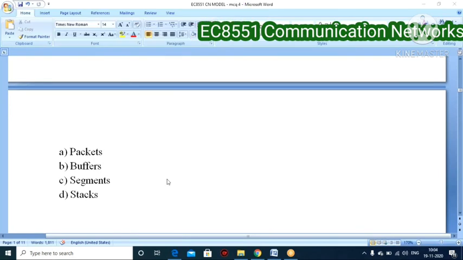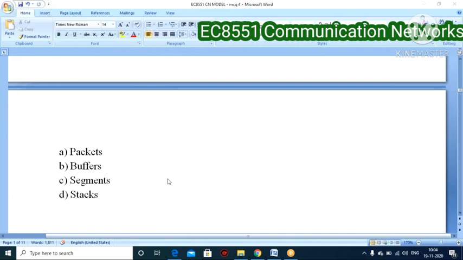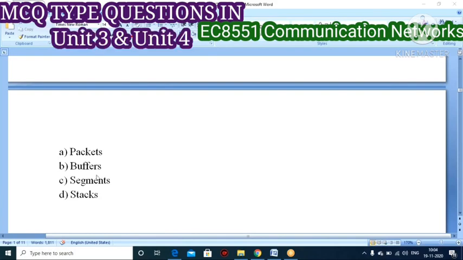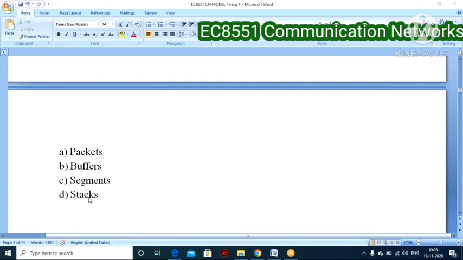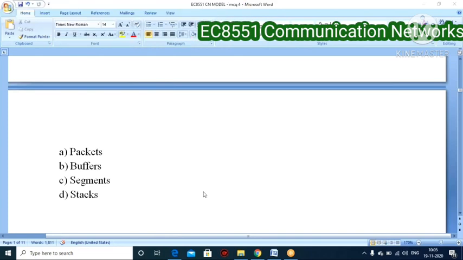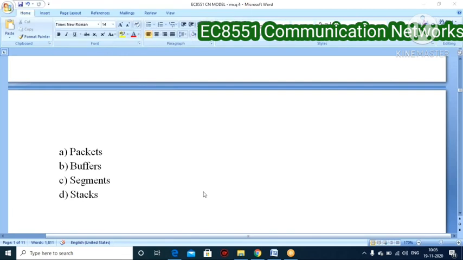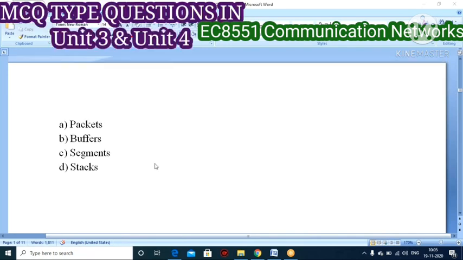Among the four choices, which one is used to store something? Packets is also not the right one. Buffer. Any students? Yes, buffer.